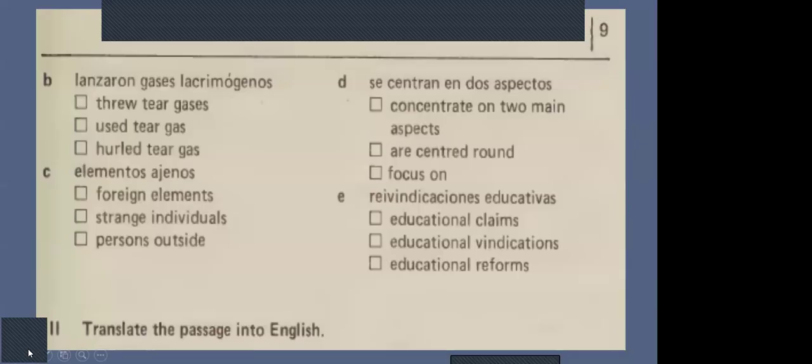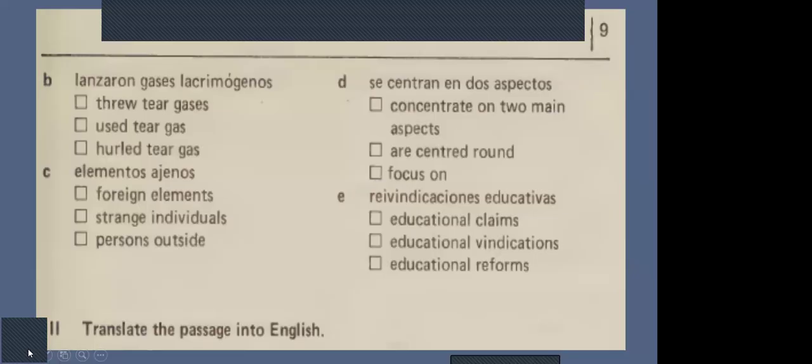Strange individuals is strange in what sense? But persons outside the student movement, the students' organizations, the students. As you mentioned, the word for "sindicatos"? Union could be, I think, more accurate for the situation itself contextually.